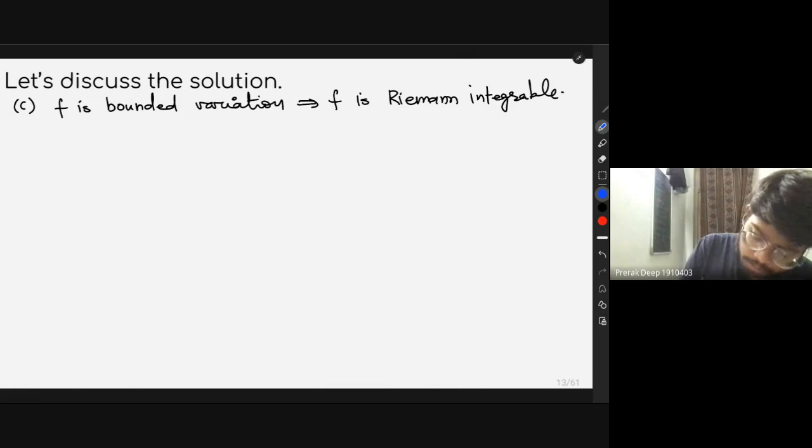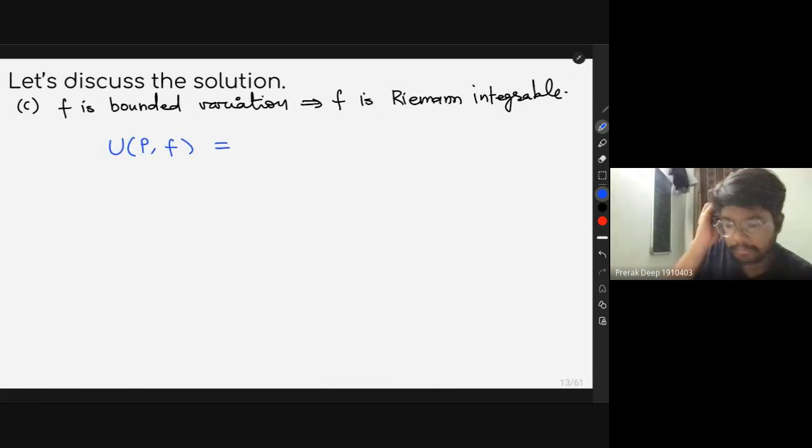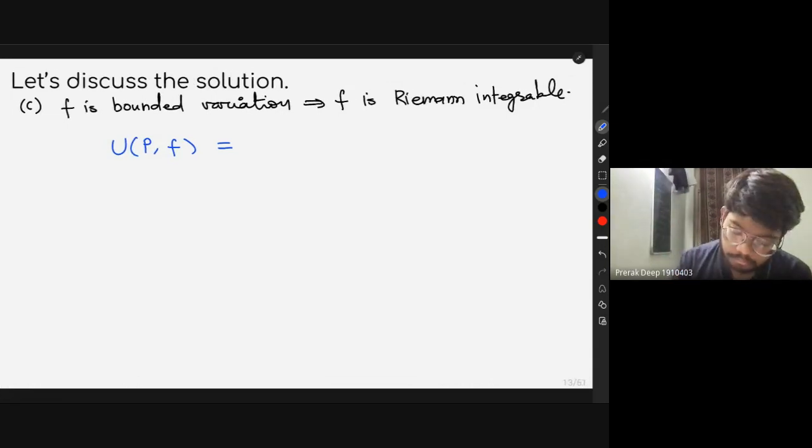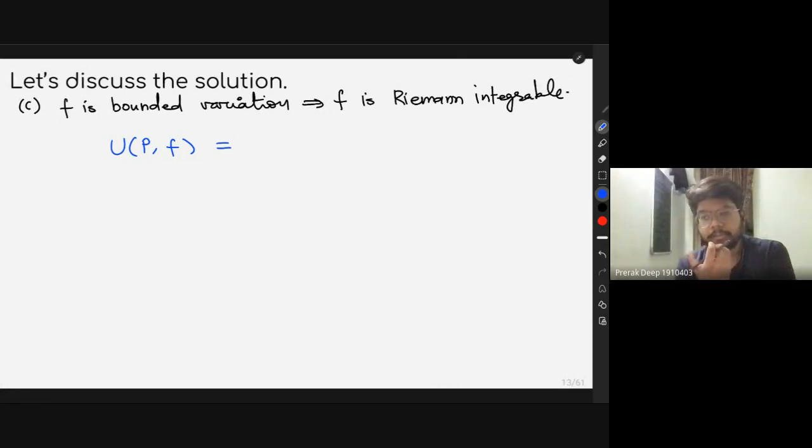In that definition, we define the upper sum and lower sum. I will be using this definition, which involves the upper sum and lower sum. For Riemann integrability, there is another equivalent definition, where we define the Riemann sum and then take the limit of the Riemann sum.